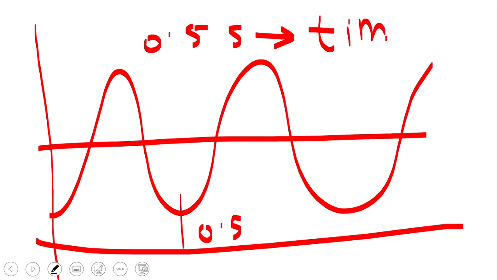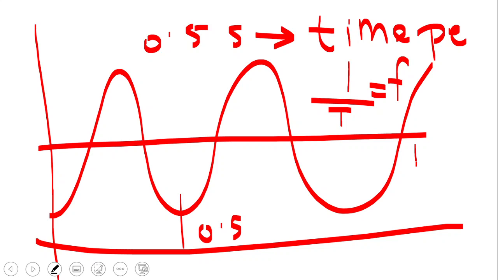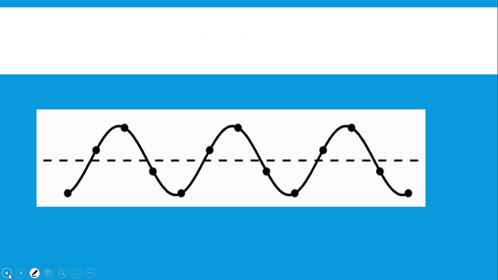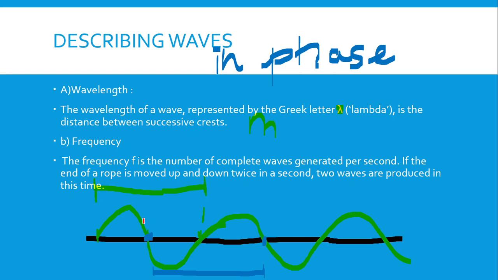So frequency is the inverse of time period. 1 by time period gives us f. So 1 by 0.5 will give us 2, and 2 is the frequency of this wave. That is the conclusion that I was talking about.